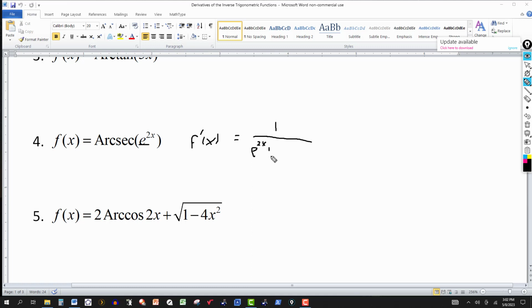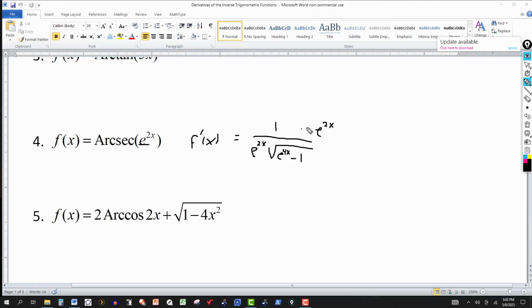And then it's the square root. This will be u squared. So e to the 2x squared will give me e to the 4x minus 1. And then it's times the derivative of u with respect to x. So derivative of e to the 2x is e to the 2x. But again, here you have to use the chain rule for this one.